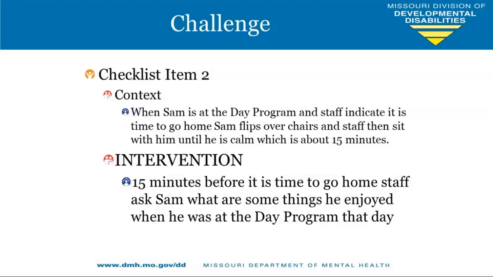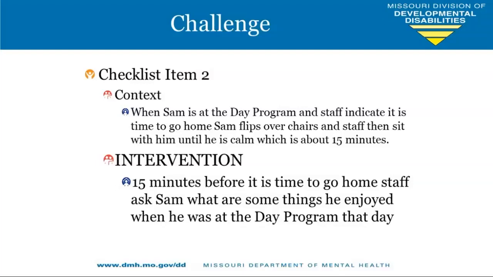So there has been a lot of discussion around the context, whether or not the function is listed in the context. What is key is, by reviewing the context, are you able to identify what the function of the behavior is?